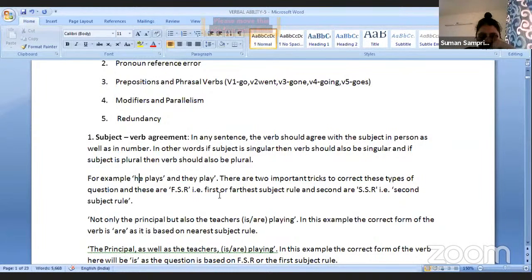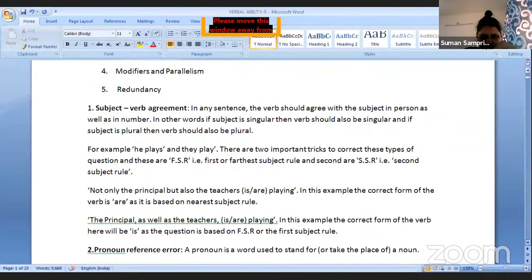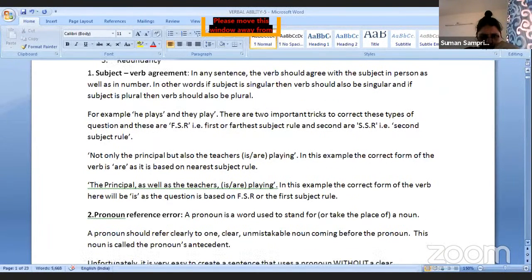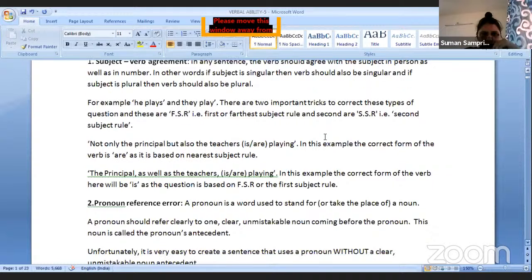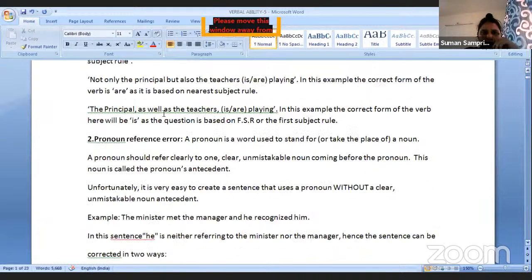The important trick to correct these types of questions is the FSR rule, and you will get to know about these rules here. Suppose you are getting a question like this: the principal as well as the teachers is playing or are playing.